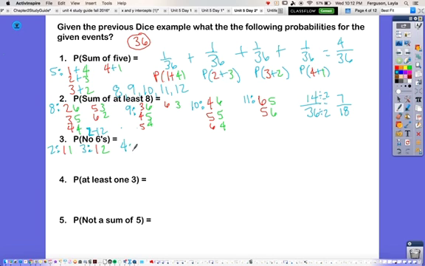If I roll a 4, it could be a 1 and a 3, a 2 and a 2, or a 3 and a 1. To roll a 5, a 1 and a 4, a 2 and a 3, or a 3 and a 2.